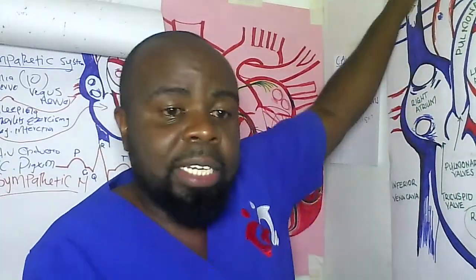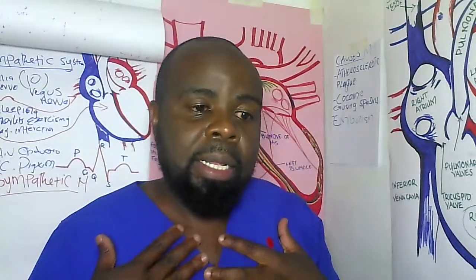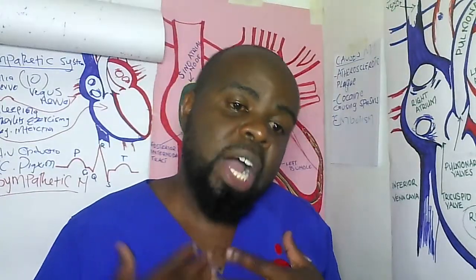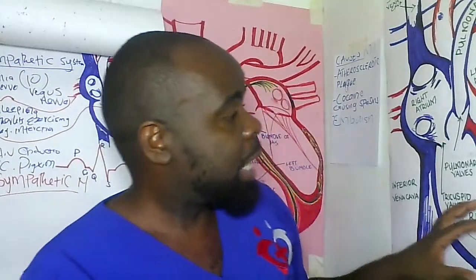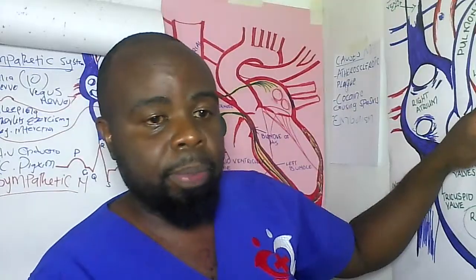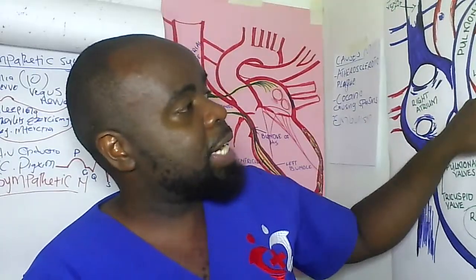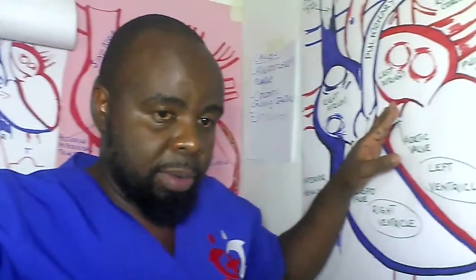So the blood going to the pulmonary artery to the lungs is very little, and it is coming down with low oxygen, because as this ventricle is pushing, some blood is coming to the right atrium.